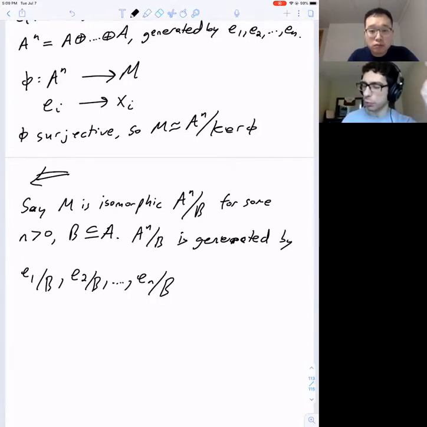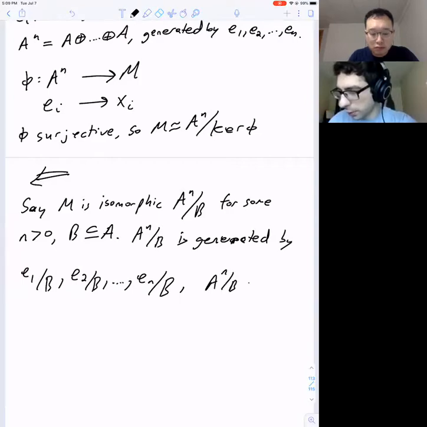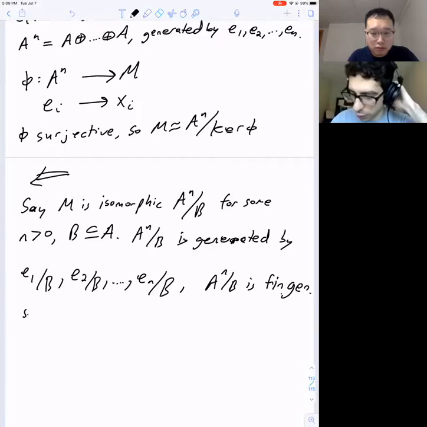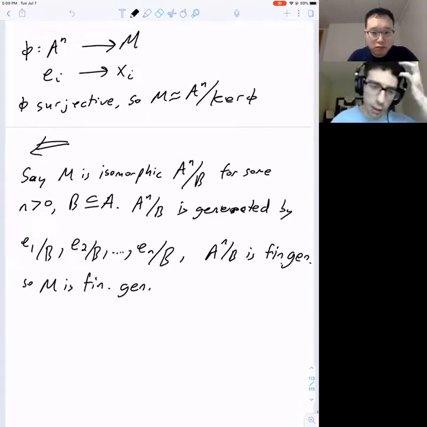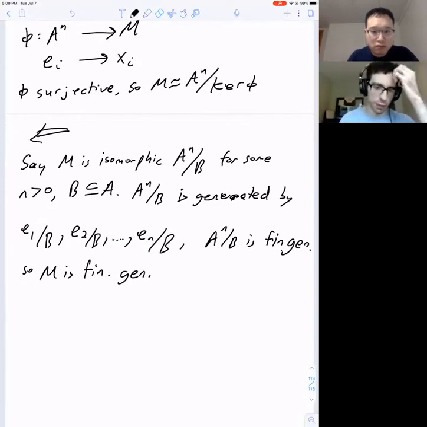We might have too many elements, but it's not wrong. It's still generated by these. So as there's an isomorphism, A^n mod B is finitely generated, so M is finitely generated. Okay, this is the easiest of the propositions we have today.